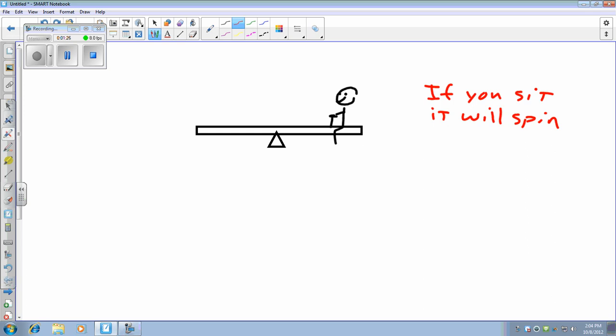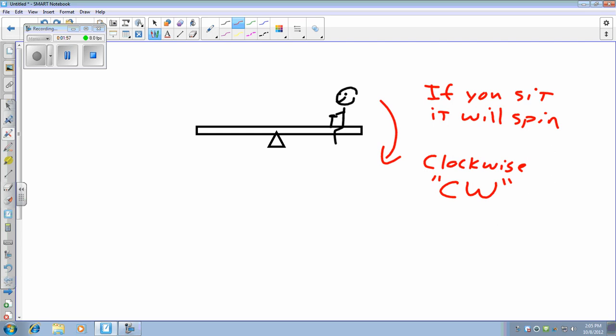So if there's nobody on the other end, this thing will spin, and it's actually going to spin clockwise, which I will abbreviate CW. Anytime you have a clockwise motion, it is abbreviated CW. I think you're all familiar with clockwise, it's basically the way the hand on a clock will turn. So if you sit on this side, you'll start this thing spinning in a clockwise direction until something interferes with the motion.